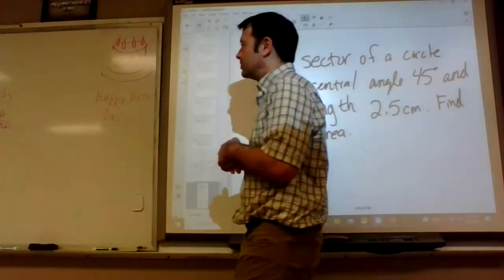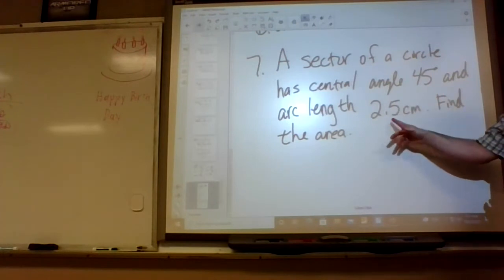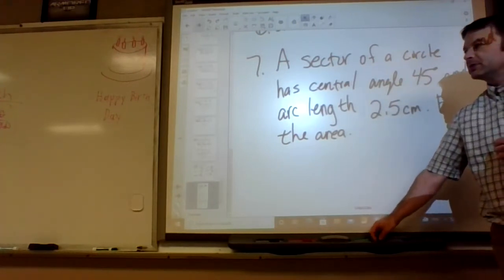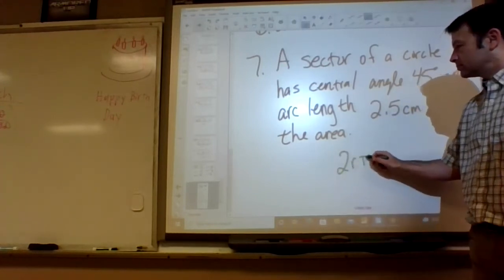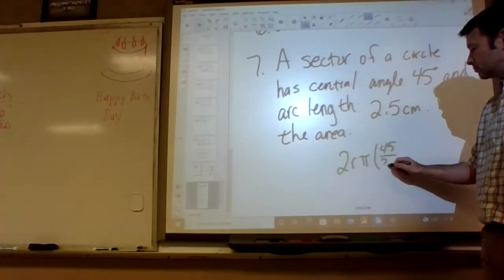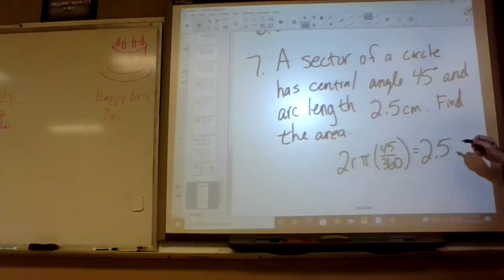This is a tough one. So if we know the arc length is 2.5, then how would I set that up? So 2 pi r times 45 over 360 equals 2.5. Alright, you guys see how I got that?